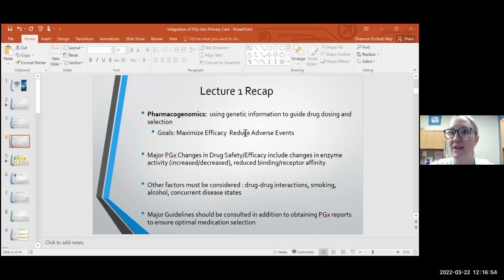Drug-drug interactions can do something called phenoconversion, which is changing your phenotype from something to a different class based on a significant drug interaction. And then what we'll do is look at the reports, and we'll see that it's not always just that black and white or red, green, yellow type of outcome. When we're looking at the reports, you really need to focus on the guidelines.